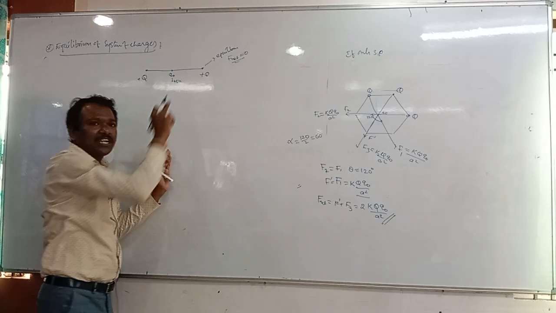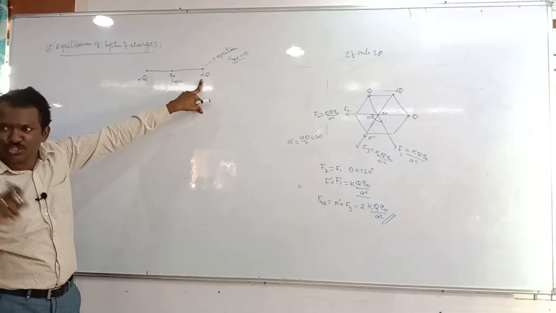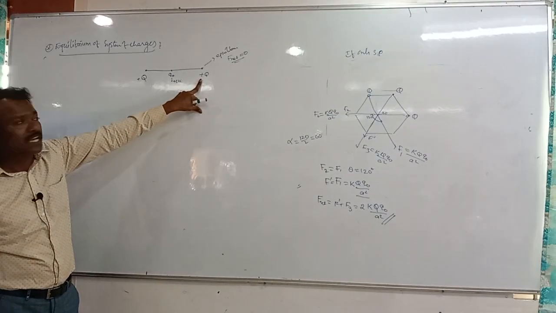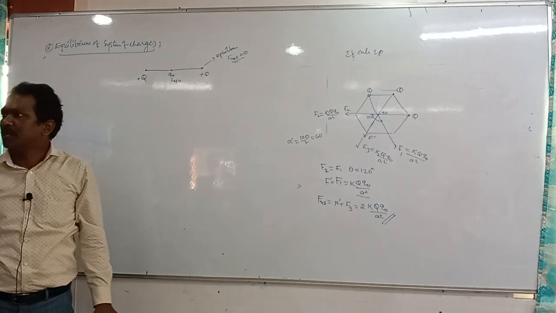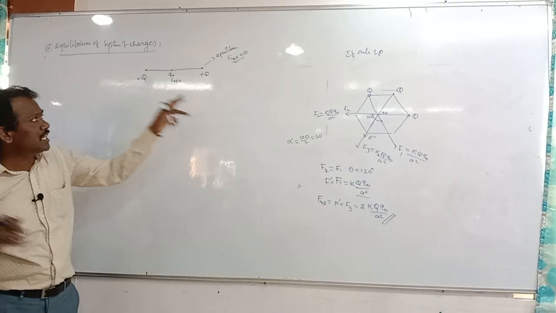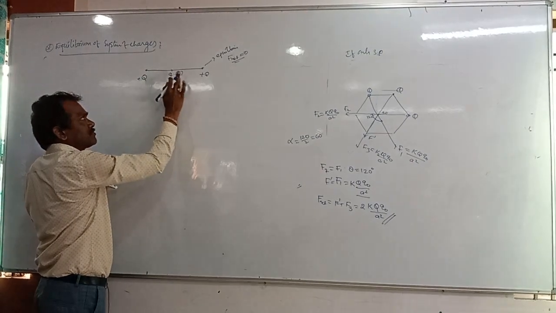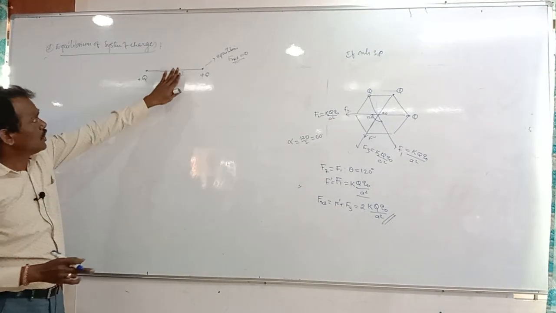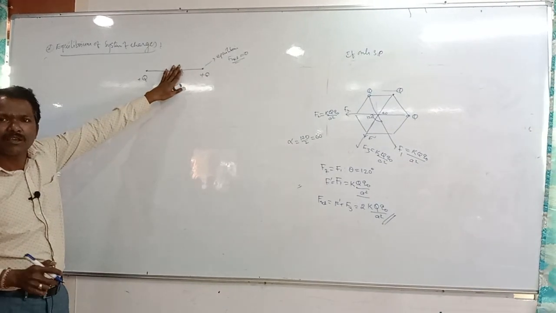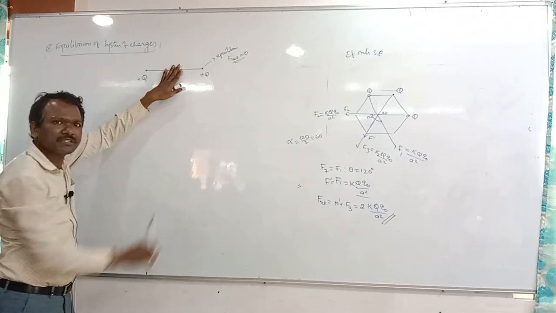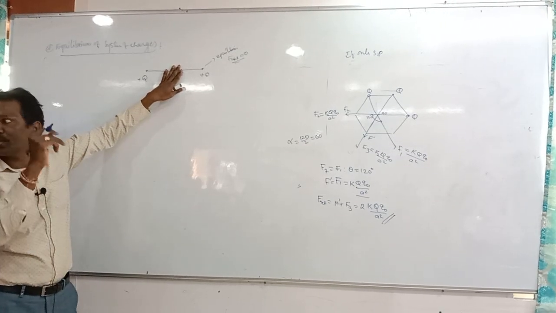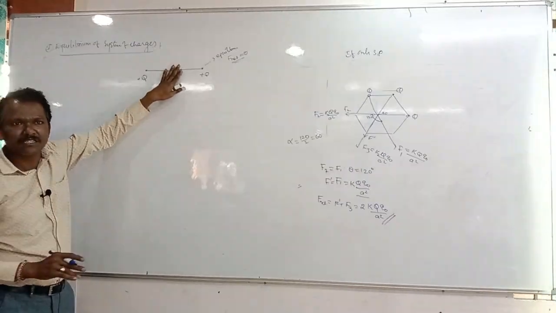If the net force is 0 in this one, then the system is in equilibrium position. To make it in equilibrium position, what amount of charge is required? If it is not there, what happens to this charge? Due to the repulsion, it moves away, right?